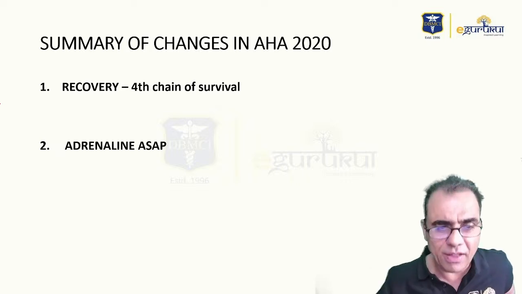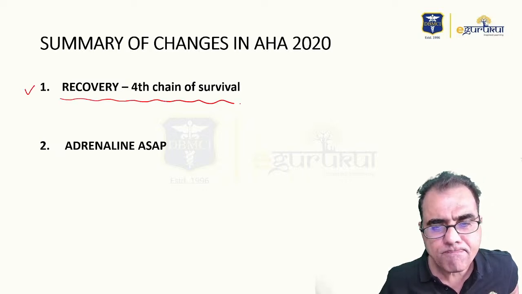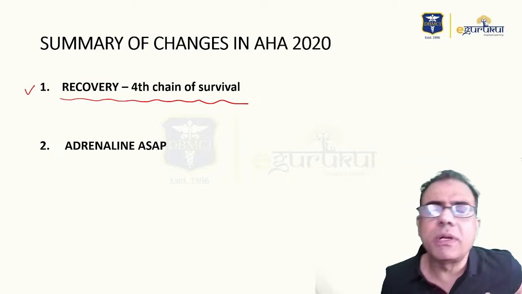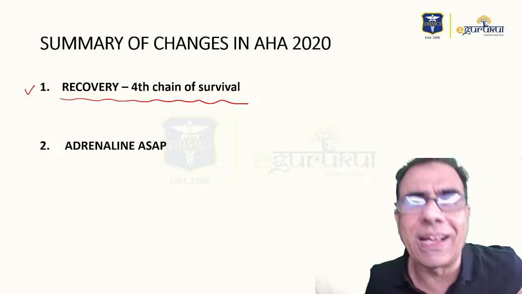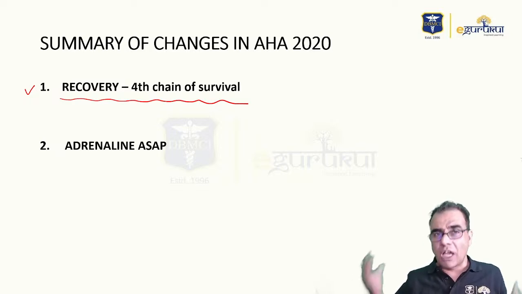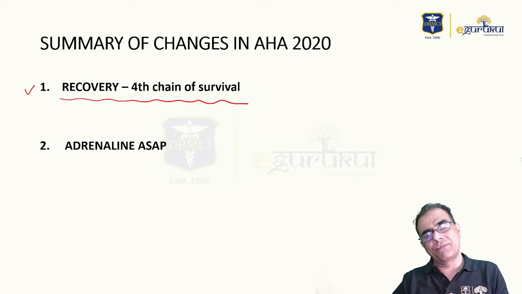Now they have added a 4th one, recovery. That means your job does not end in post cardiac arrest care. During cardiac arrest, the patient would have suffered a lot of neurological damage, brain damage, motor deficits, psychological deficits. Those also you have to take care of. Then you can say there is a complete recovery.